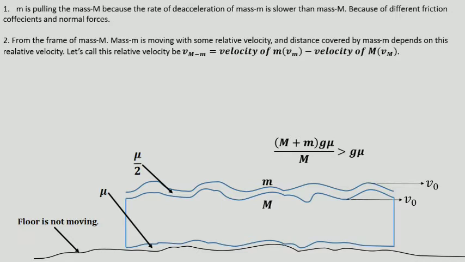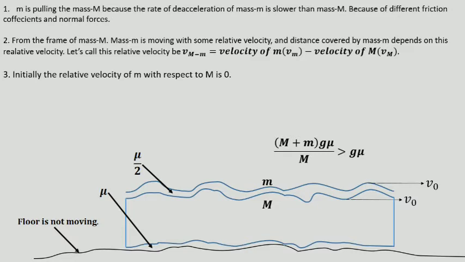Let's call this relative velocity V m minus M, which equals the velocity of m, let's say V m, minus the velocity of capital M, let's say V capital M. And the third point is that initially the relative velocity of m with respect to capital M is 0, because if you sit on the capital M mass, you see that initially both masses are moving with the same velocity, which is v naught, so obviously the initial relative velocity is 0.